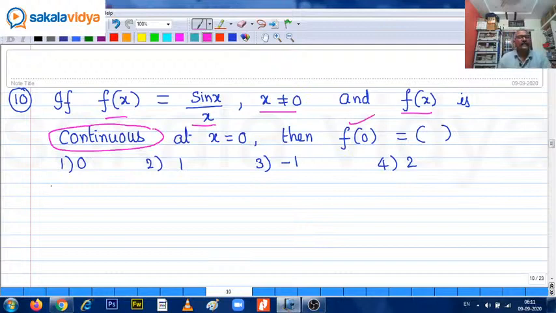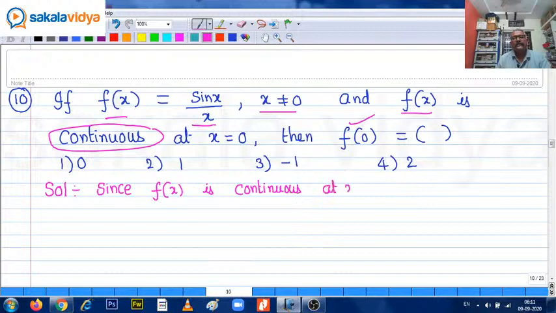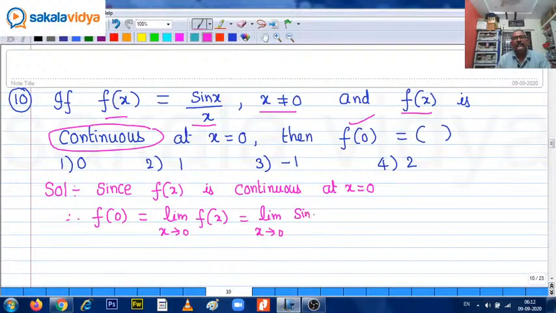So obviously this directly we can write the solution. Since f of x is continuous at x equal to 0, therefore we can write f of 0 equals limit x tends to 0 f of x, that is limit x tends to 0 sin x upon x.